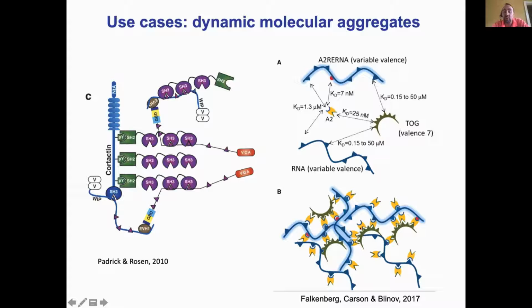Or another system is when you have RNAs, and these RNAs have multiple sites, and then there are some proteins that can bind to those sites, and another multivalent scaffold protein that can bind to those sites and adapters, and it all glues these RNAs into large aggregates. So how can we model those? At this point, I will ask for questions.